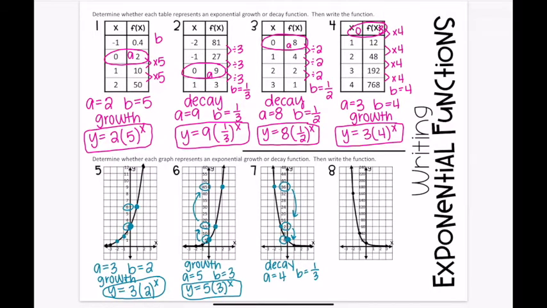And I have to remember that since this forms an L, since this is decay, my b has to be between 0 and 1. Now my equation is going to be y equals 4 times 1/3 raised to the power x.